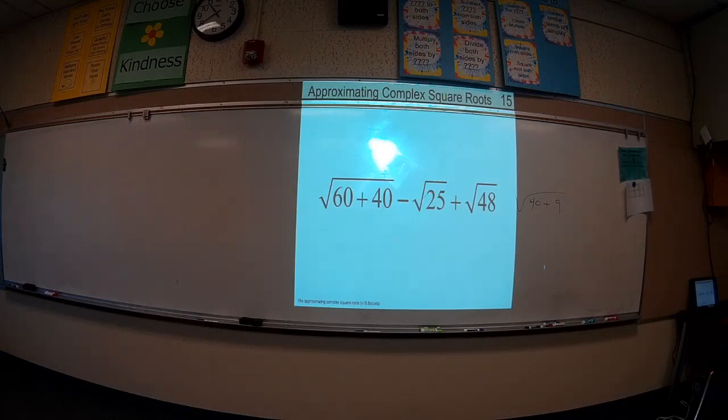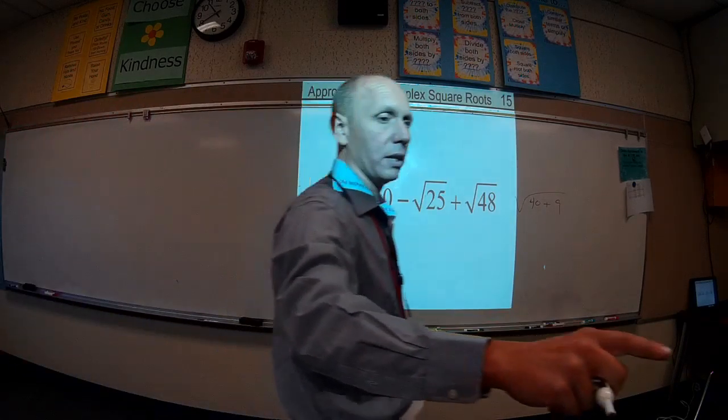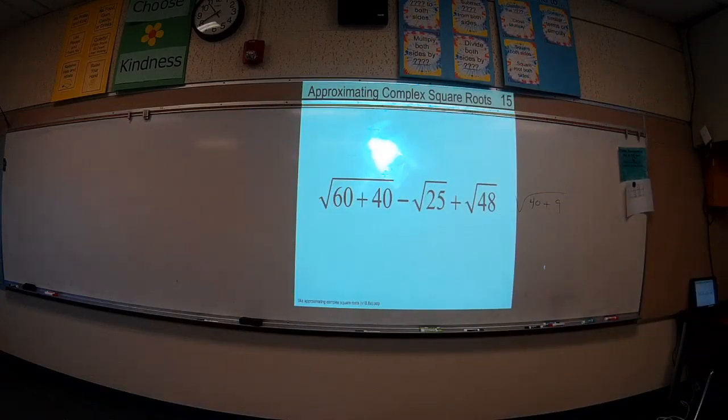Square root of 25. So 48. Where's 10 minus 5? This is 5 plus 6.3. What's your final answer? 11.8. Good. Start on homework.